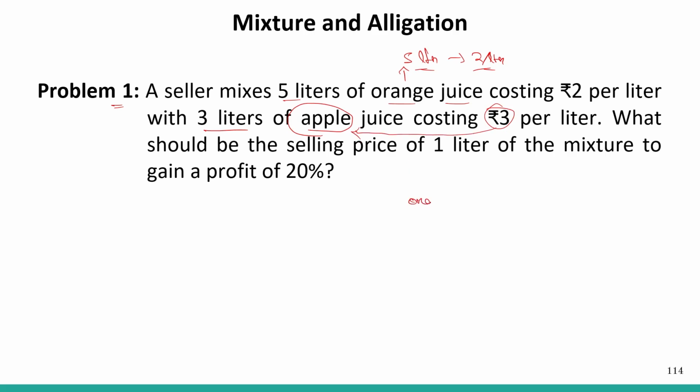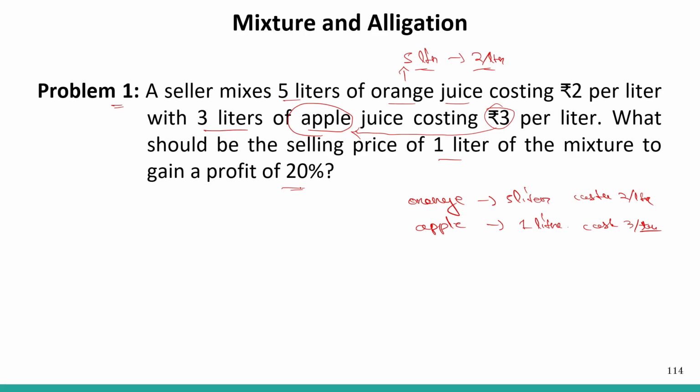So orange juice and apple juice are the two juices available to us, with quantities 5 liters and 3 liters. So let's see what should be the selling price of 1 liter of mixture to gain a profit of 20%.